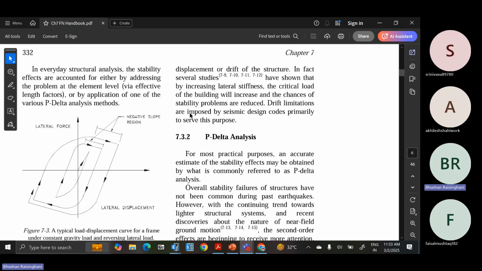And drift limitations are imposed by seismic design codes primarily to serve this particular purpose. So now we know why drift limitations are given in the IS code. And if we want to go beyond that, then we have to do more accurate analysis on the buckling as well as P delta analysis.